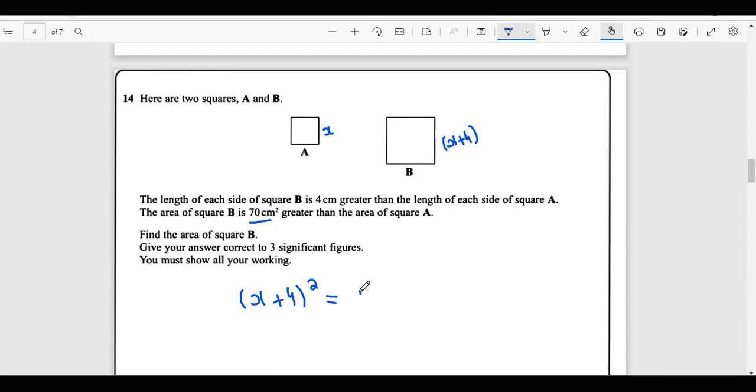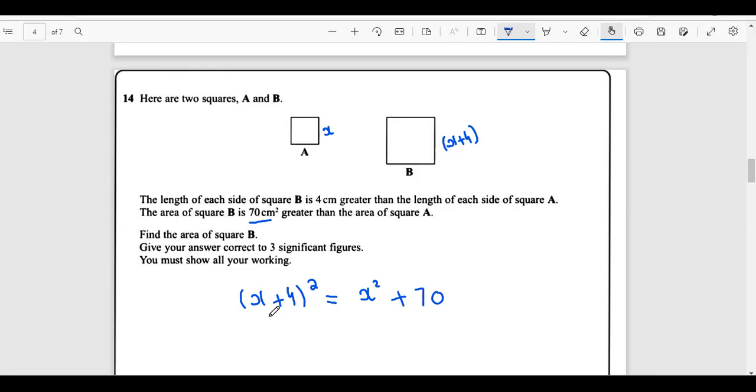It would be x squared, x into x. I wrote x plus 8x plus 16 equals 2x plus 70. So basically 2x was the wrong thing.